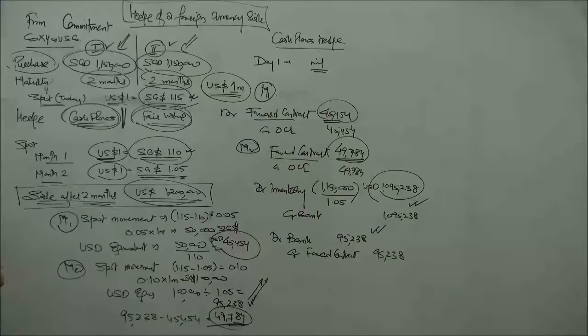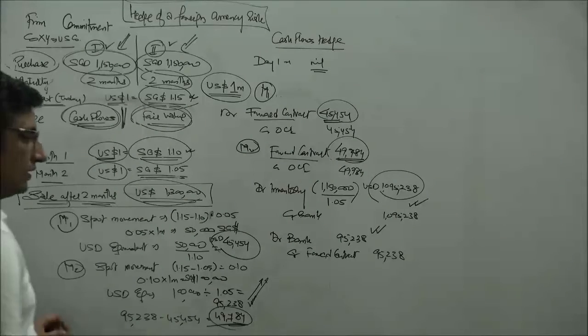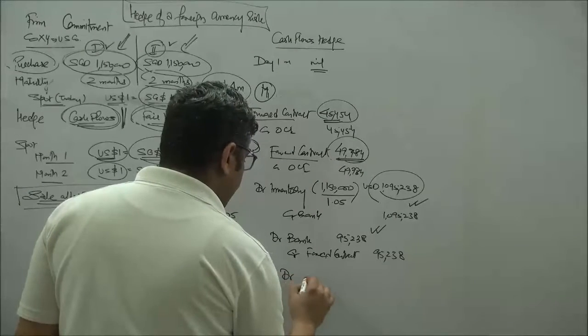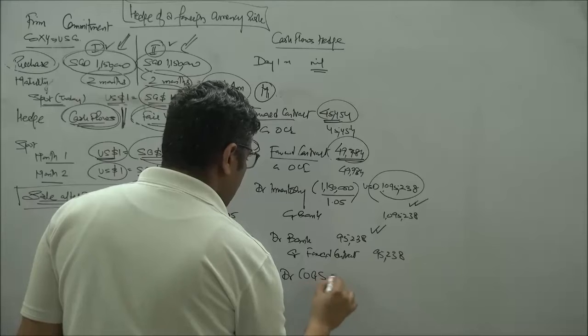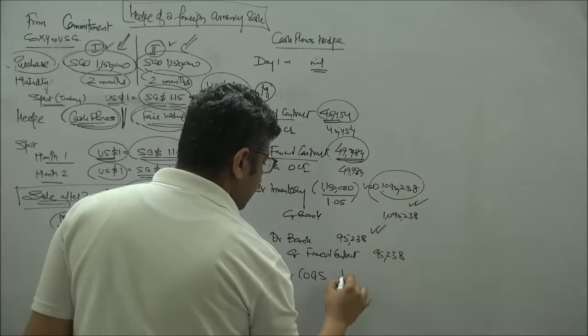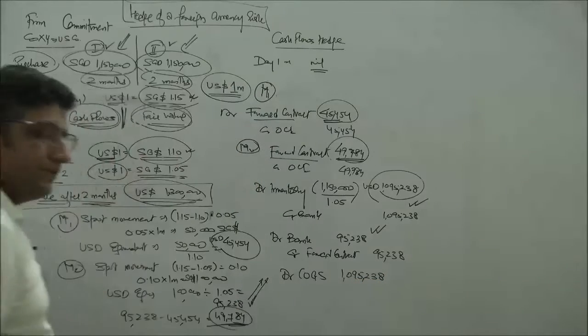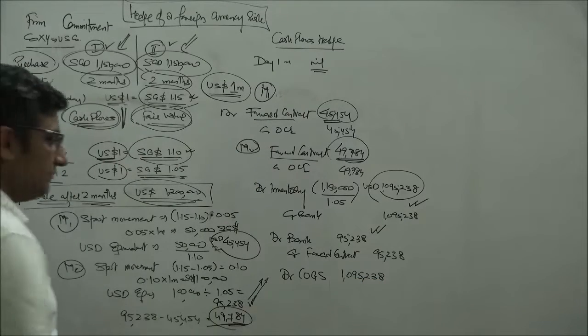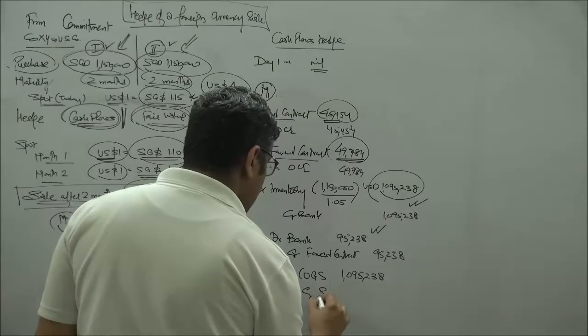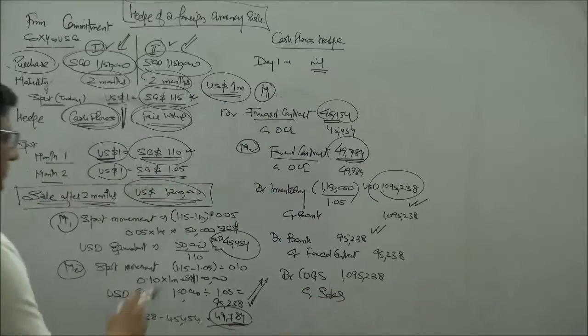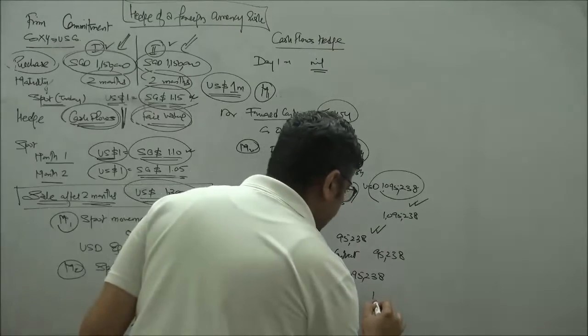So I'm saying here that debit cost of goods sold, which is my purchase cost 1095238. Okay, I of course have my sales. I'm selling these goods for 1.3 million, right?